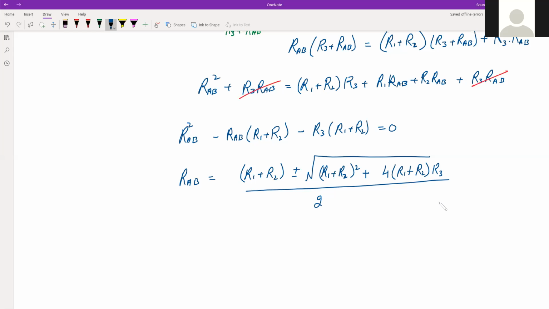Right? So RAB will be equal to half of R1 plus R2, plus again half into the root of R1 plus R2 whole square plus 4 into R1 plus R2 into R3.